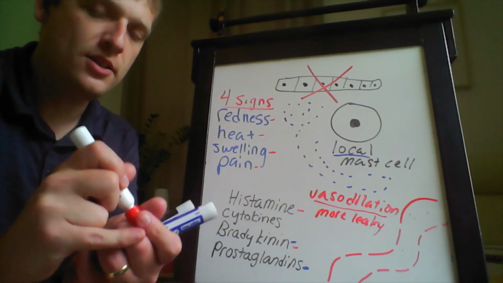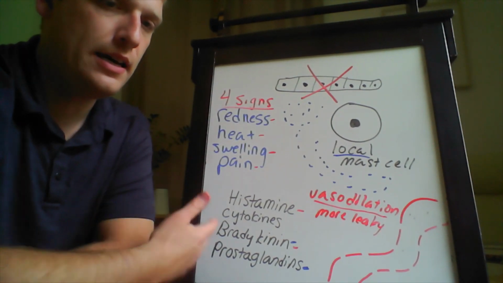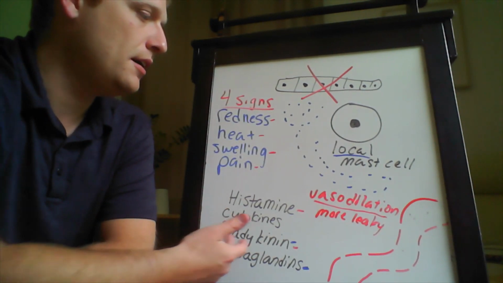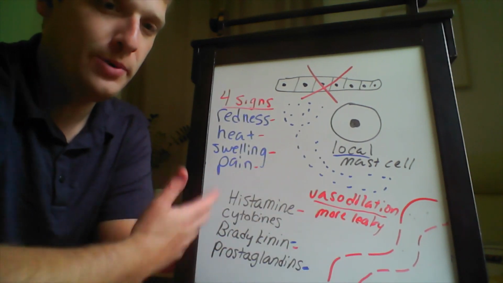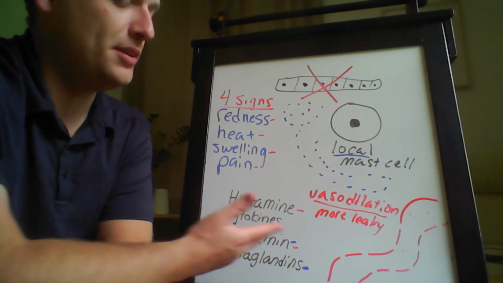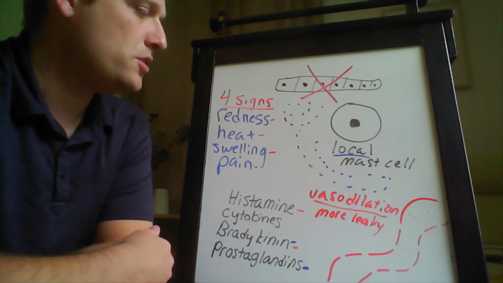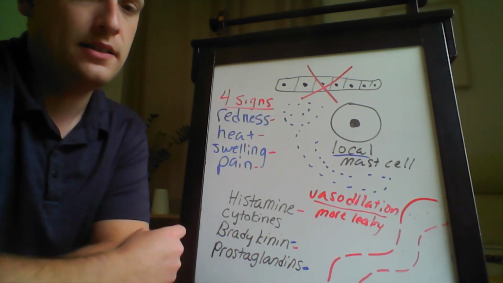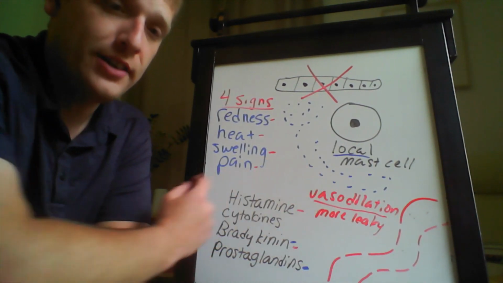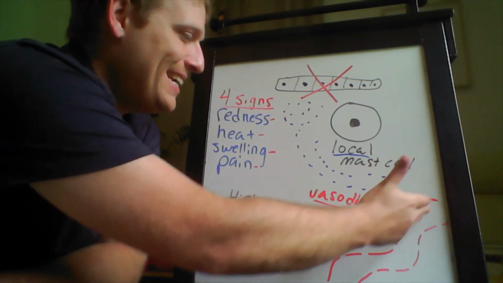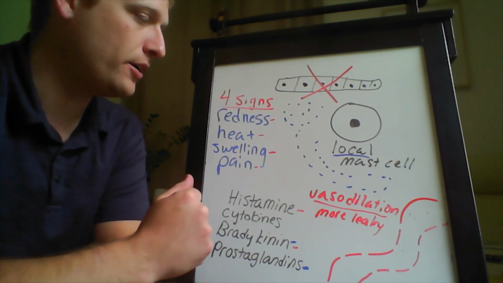And this is because those repair proteins and cells that we mentioned need to be able to more efficiently squeeze out of these capillaries from the circulation. So increasing the leakiness as well as increasing the amount of blood flow is just going to get these first responders there quicker.